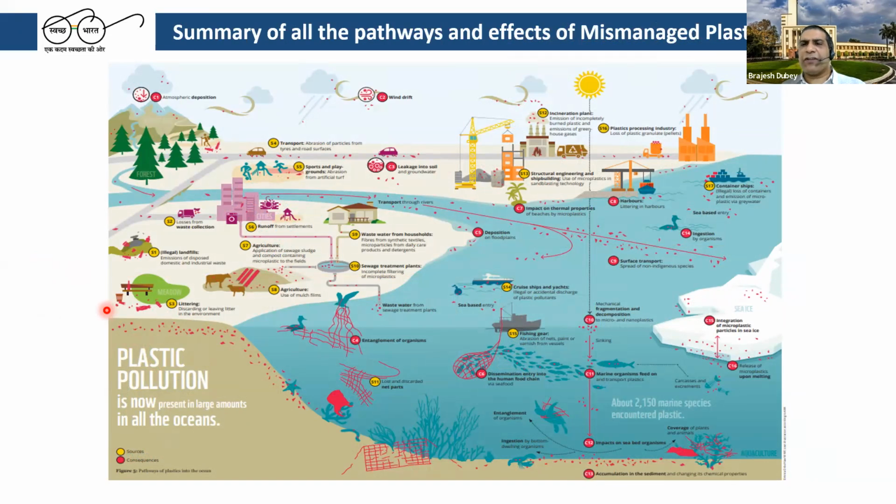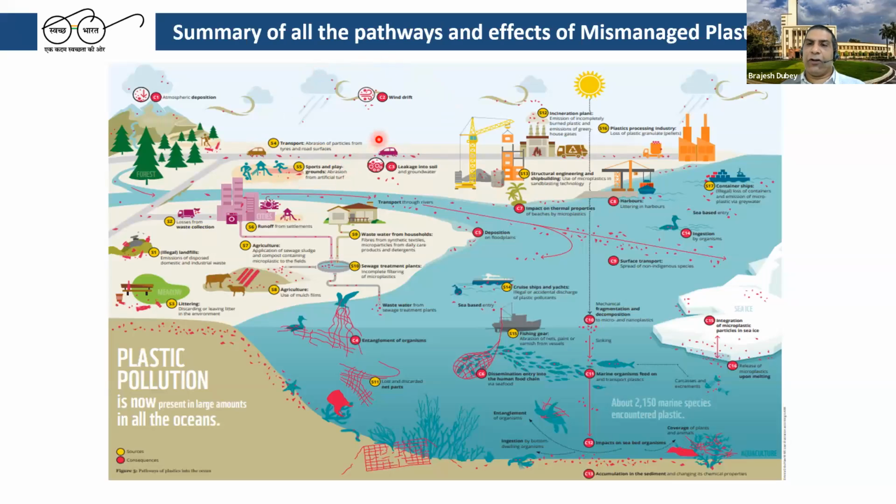Because of the mismanagement of plastic on the land, we are seeing it end up in the surface water and finally coming back to our food chain. If we can manage it properly on the land, having a proper system on the land, then we can kind of solve the problem a little bit.